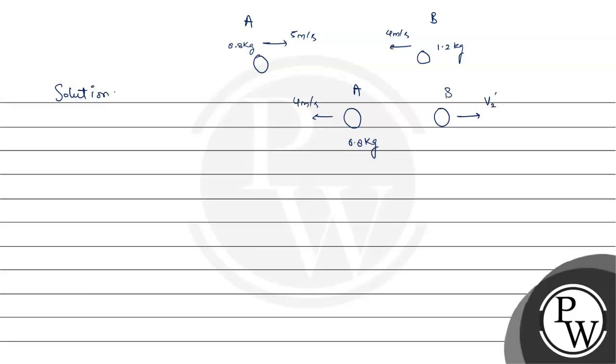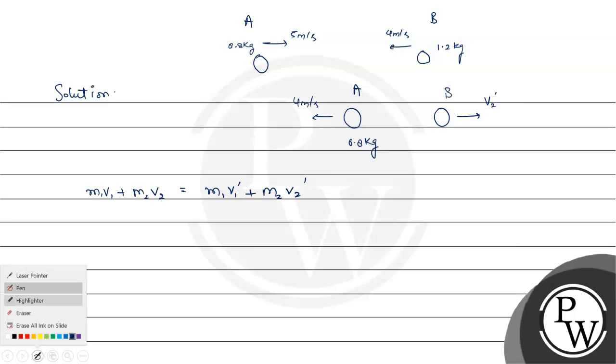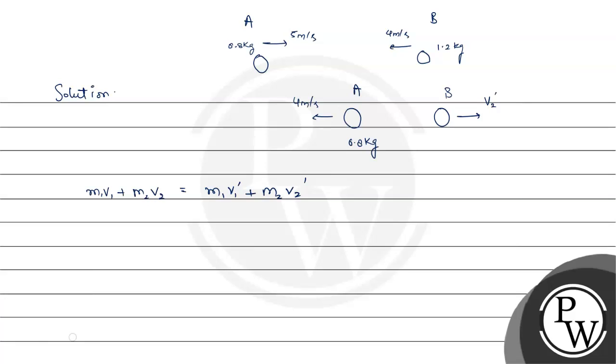Let us apply conservation of linear momentum, which says that net initial momentum is equal to net final momentum. The net initial momentum will be given by m1 v1 plus m2 v2, and the net final momentum will be given by m1 v1' plus m2 v2'. This must be satisfied because conservation of linear momentum holds.